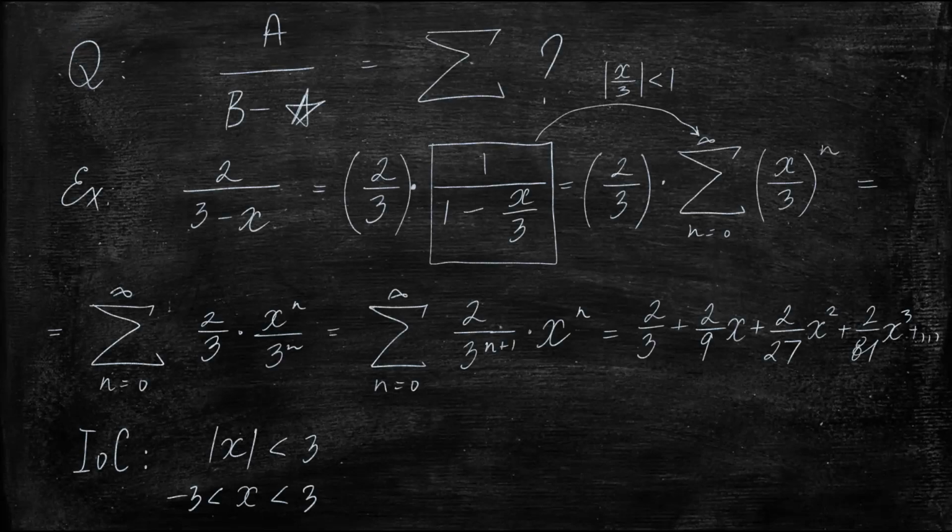And another pattern we're going to explore in this next example. So it's going to look a lot like the original problem that we did right here. So 2 over 3 minus x.